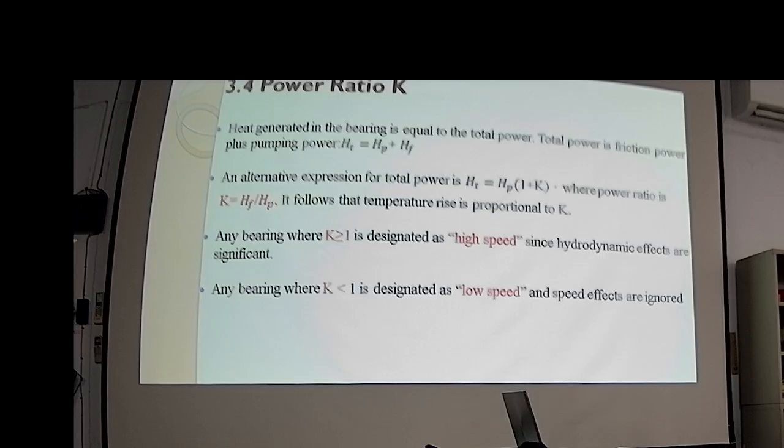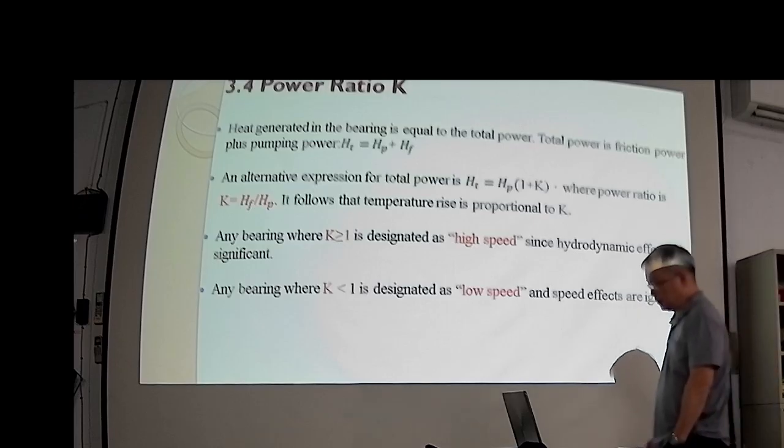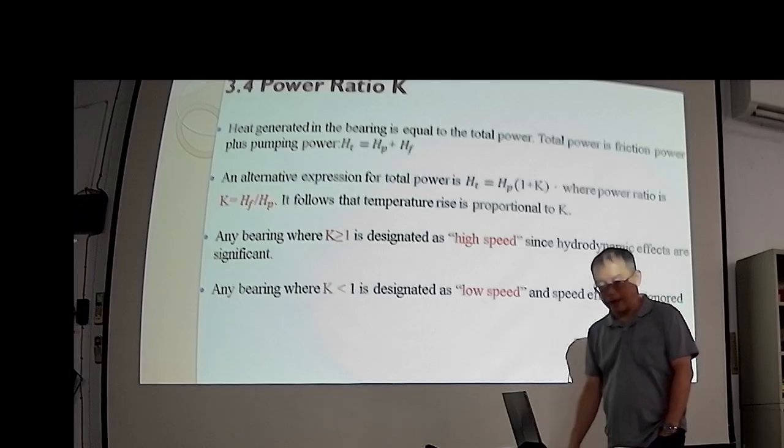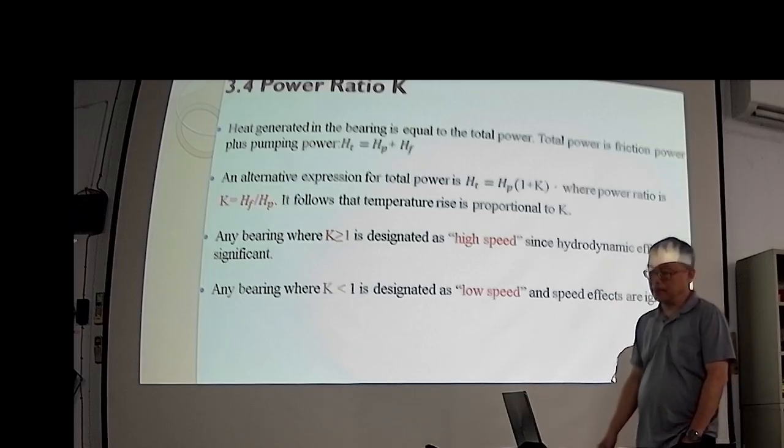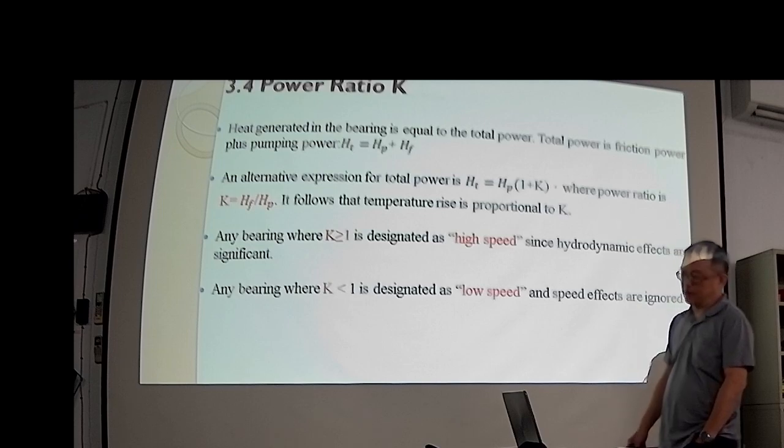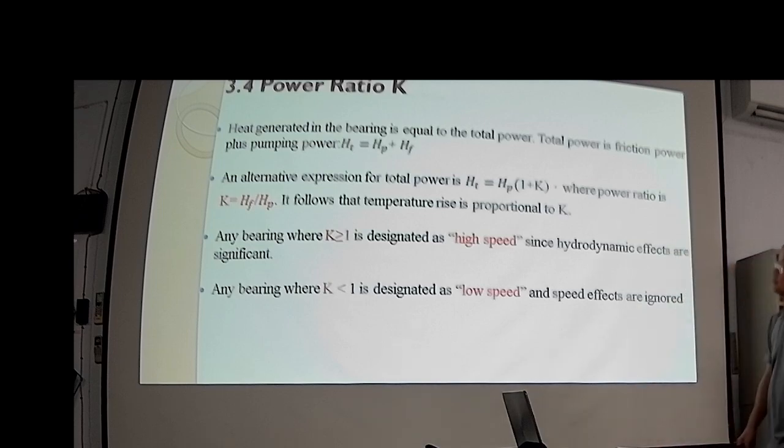The next one is the power ratio K. We use this power ratio K value to define low speed bearing and high speed bearing in the classification of the hydrostatic bearing.